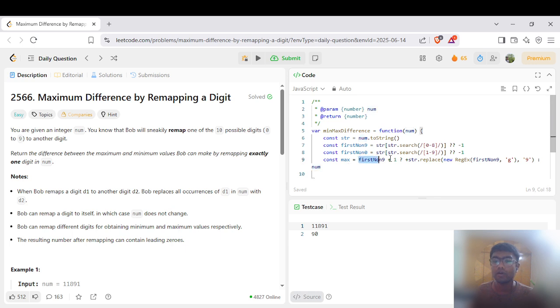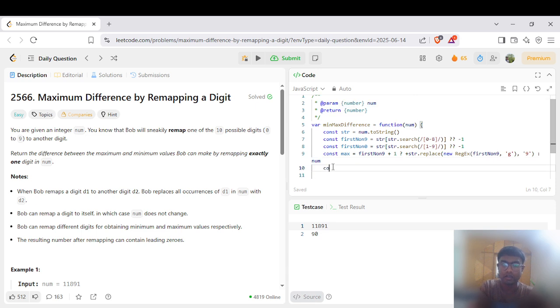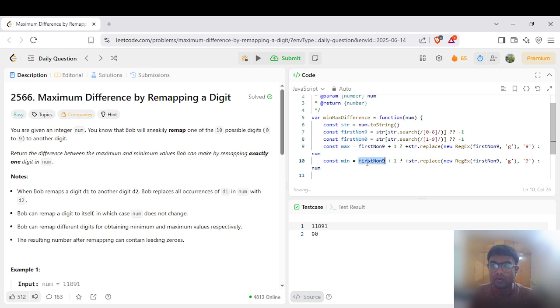If we do not have a non-zero character, which means all of them are maxed out, then we simply use the same num, and our min value will be the same expression. Okay, so this should solve our problem.